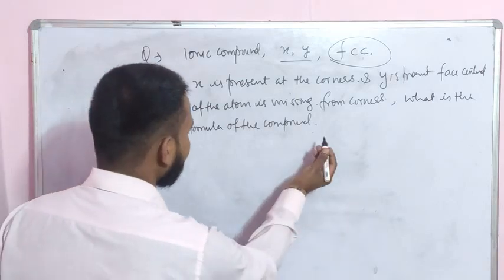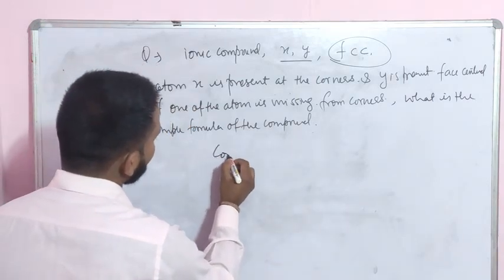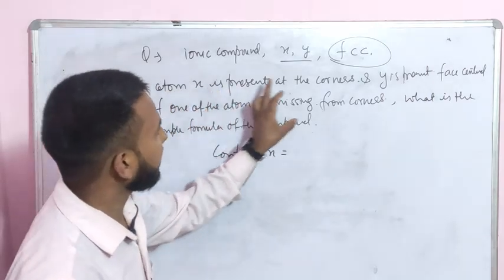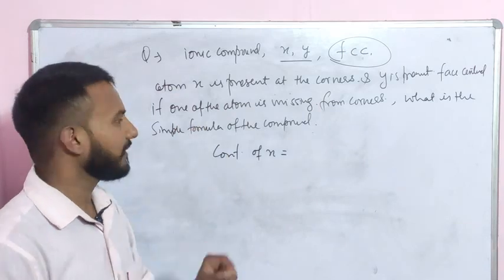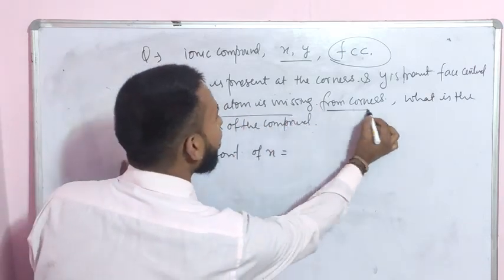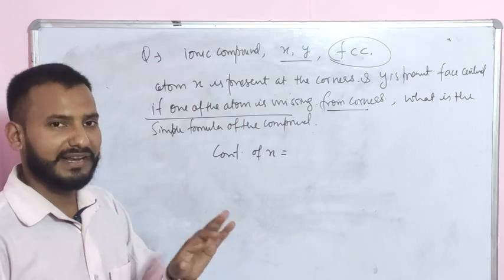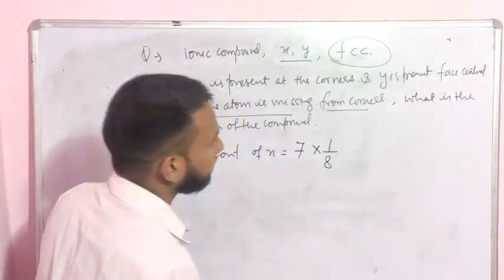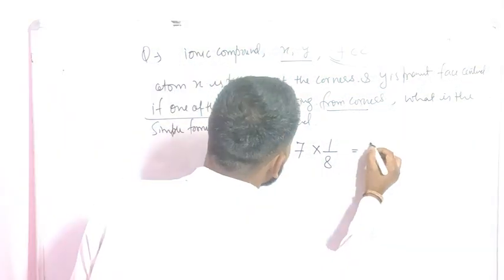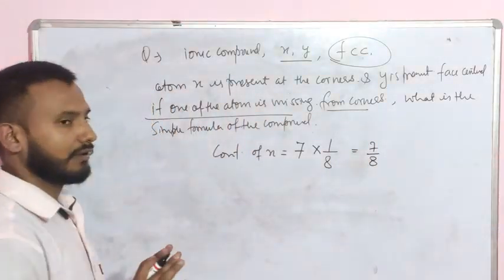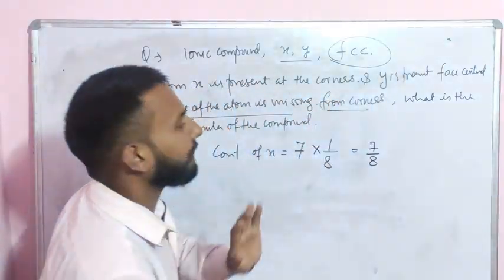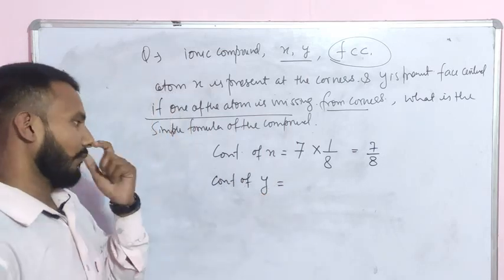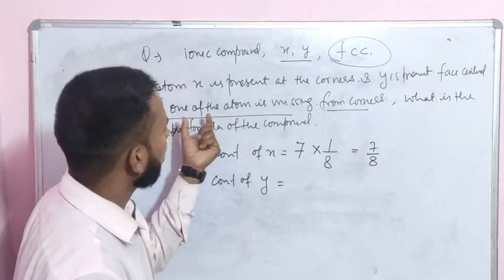So the contribution of X: X is present at corners, there are 8 corners, but if one of the atoms is missing from the corners, how many atoms are left at the corners? That is 7. The contribution is 1 by 8 each, so the contribution of X will be 7 by 8. Y is present at the face centers.